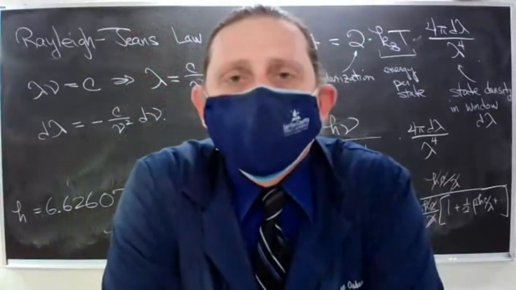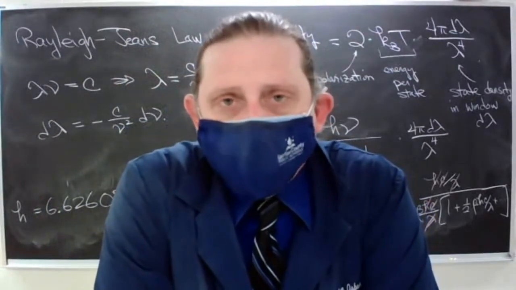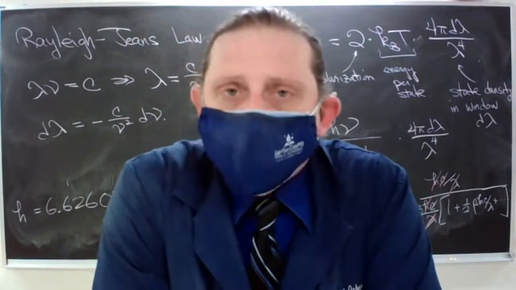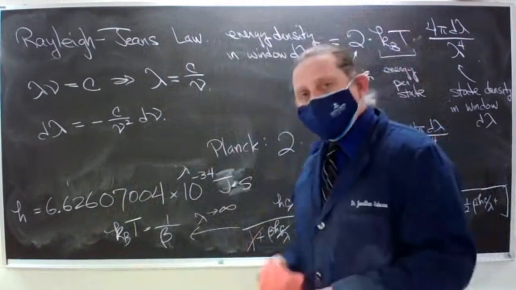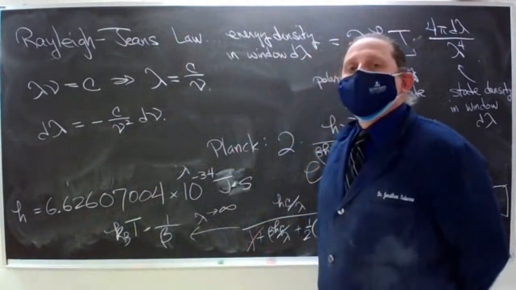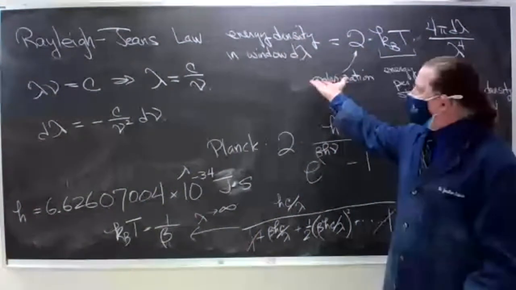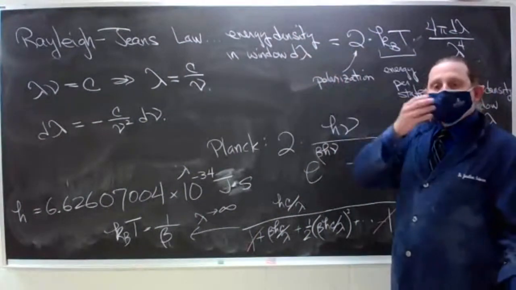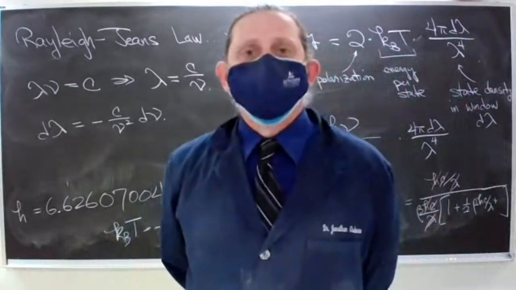This negative sign is really just telling us that if the wavelength gets bigger, the frequency gets smaller. It's not appropriate for us to include that negative sign when looking at energy density in a window. Okay? I'm just looking at a certain window size.